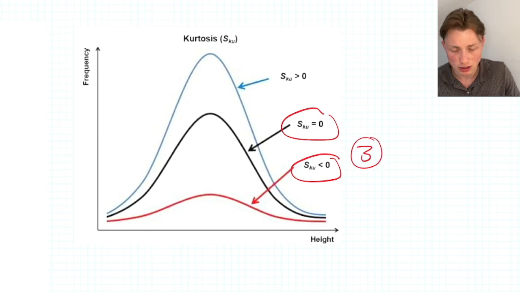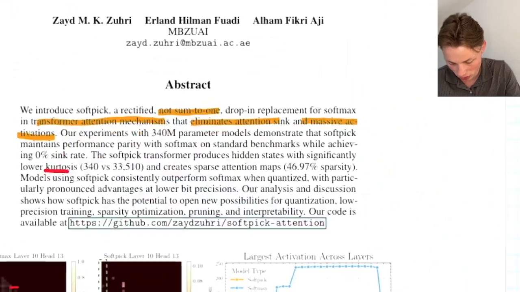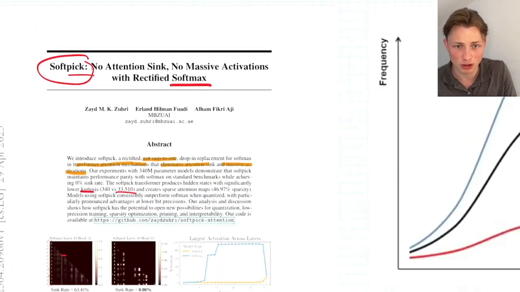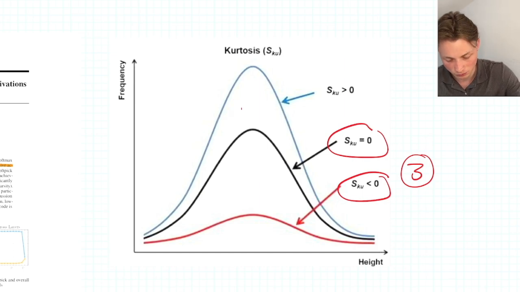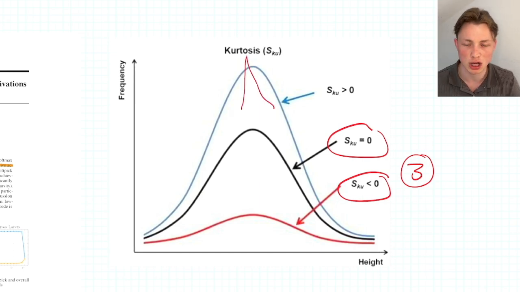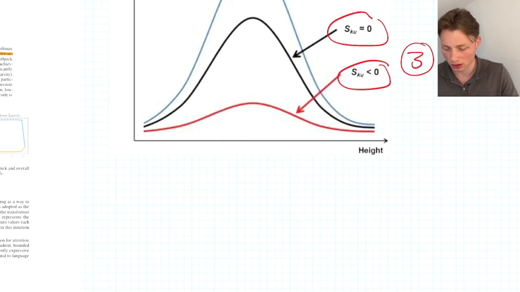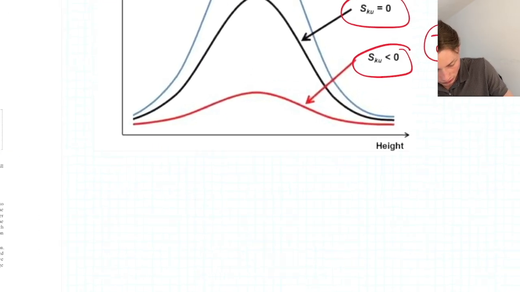And now if we have a very high kurtosis, which we have when using Softmax, it means that we have a lot of outliers and a very sharp peak. Okay, and let's look at the formula for how we could calculate kurtosis.